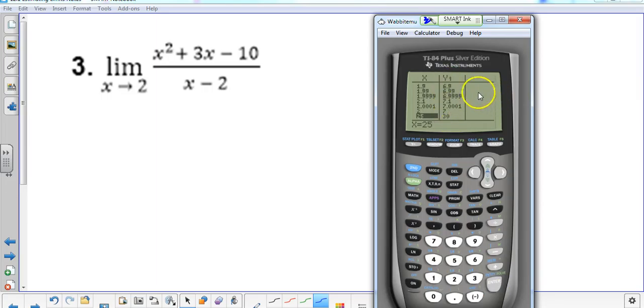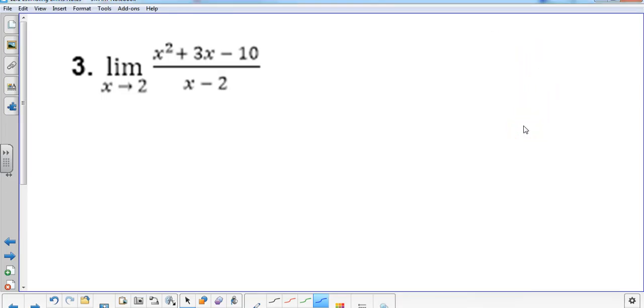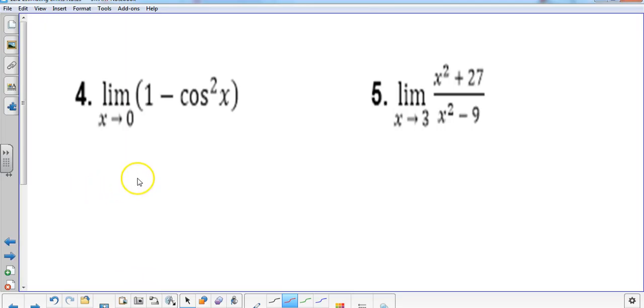Can you see in my table there? I have 6.9, 6.99, 6.999, 7.177. Okay. It approached 7 from both sides. We looked at the graph and numerically supported that with the table.